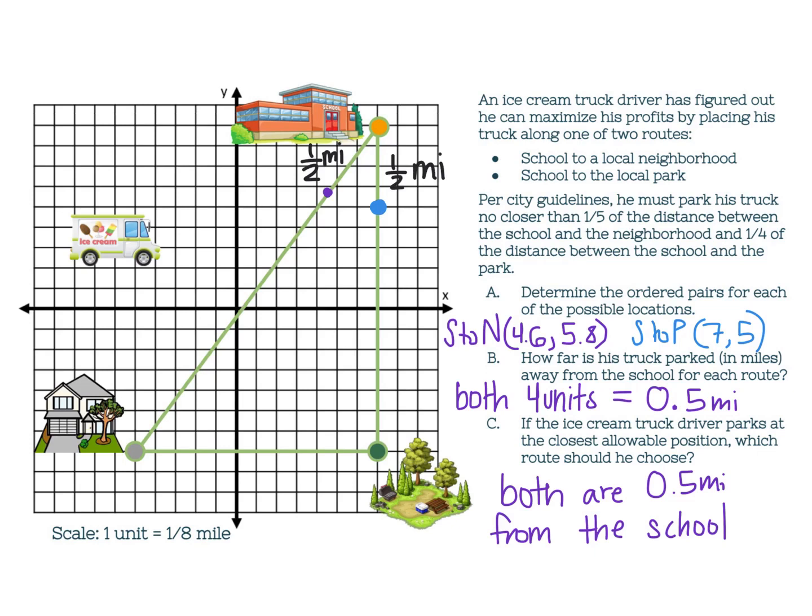So overall, we're finding that both locations of where the ice cream truck can go are half of a mile from the school, so it doesn't matter where the truck driver decides to park, since they're equally far from the school. I hope that this was helpful.